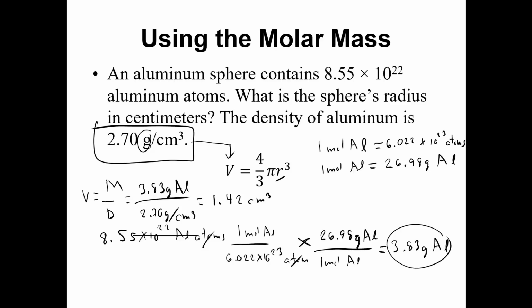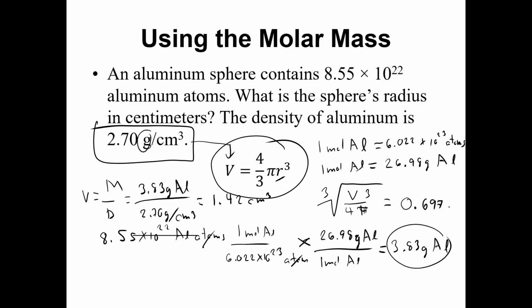And then I take this formula and plug it in for V and I solve for R. So that's going to be the cube root of 3 times V over 4 pi. Okay, and when you plug that in, R is then 0.697 centimeters. I encourage you to work a few of these problems from the end of the book. This completes chapter 1. See you in chapter 2.